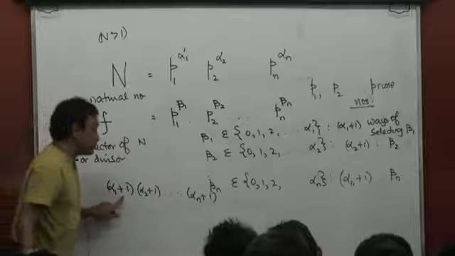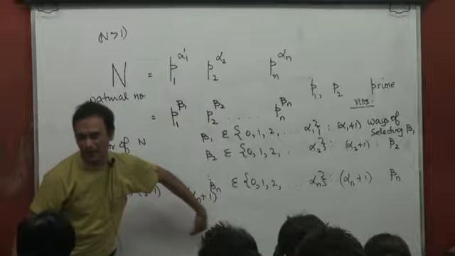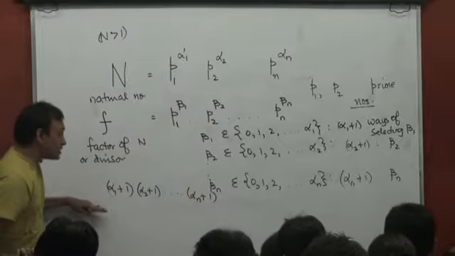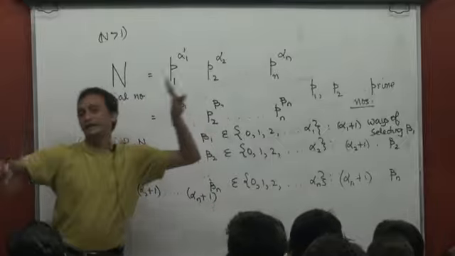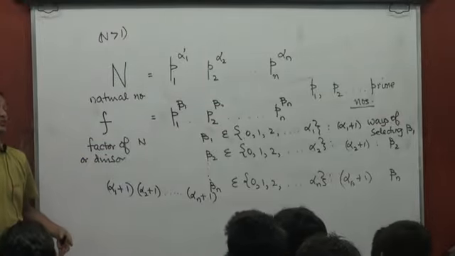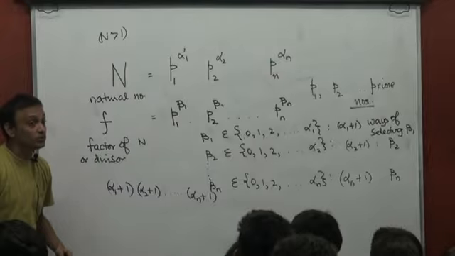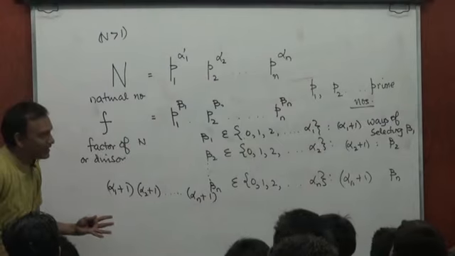So, these are the beta 1 and beta 2 and beta 3 and beta n. That's why we multiplied, right? So, these are the number of ways in which we could select different combinations of beta 1, beta 2, beta 3, beta n. And the number of ways we could select them will produce that many factors of n, yes or no?